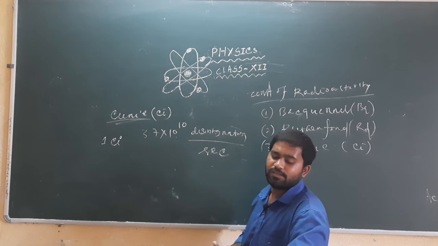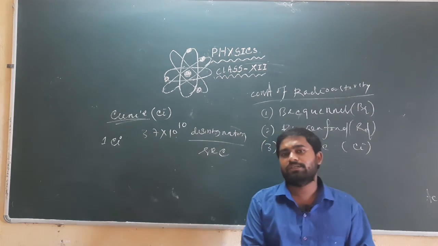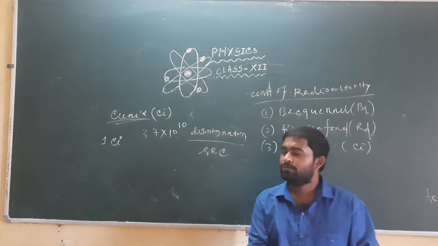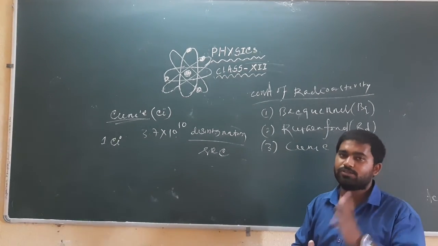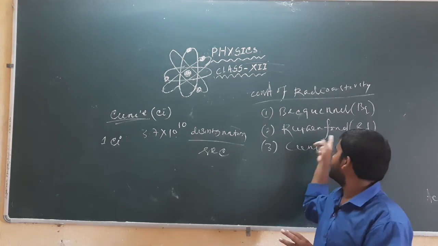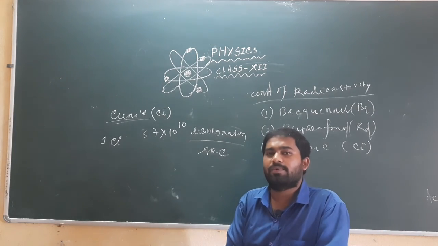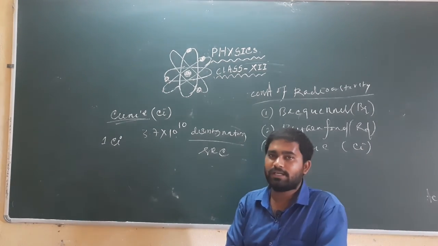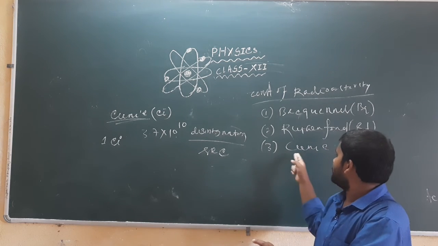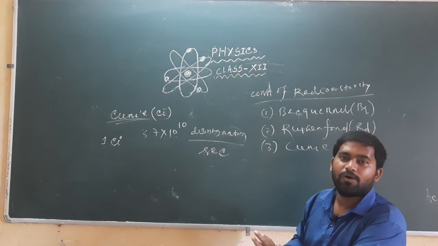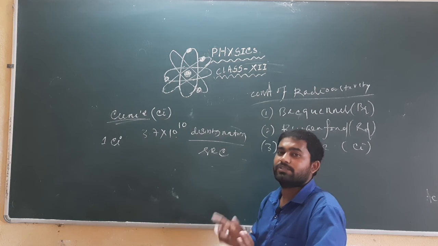So these are the 3 different units used to measure the radioactivity of any sample. One is becquerel, that is disintegration per second. Second is Rutherford, that is 10 to the power 6 atoms disintegrating per second. Third is Curie, that is a disintegration of 3.7 into 10 to the power 10 atoms per second.